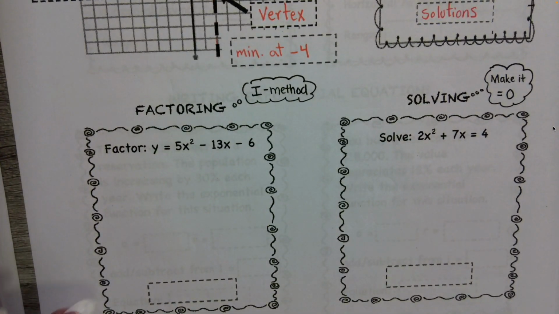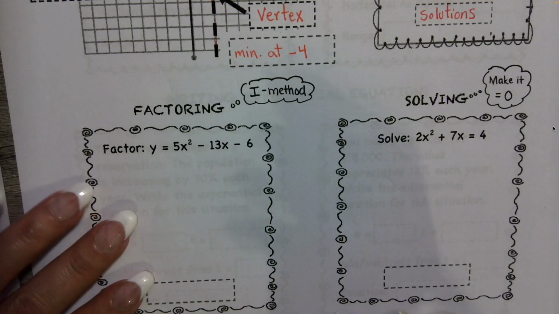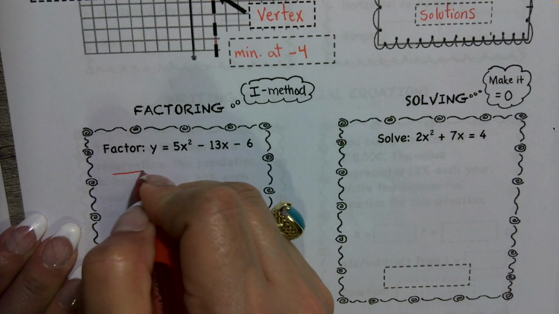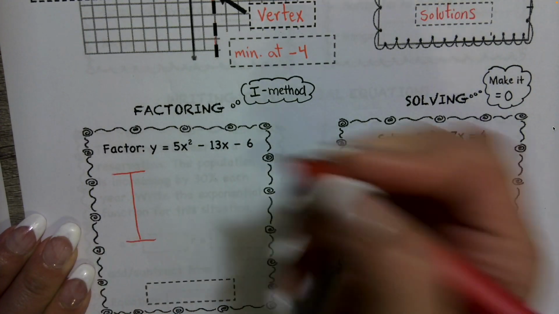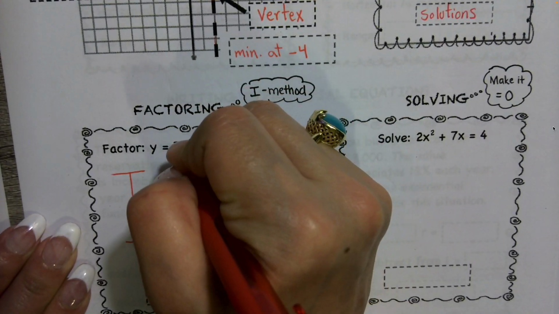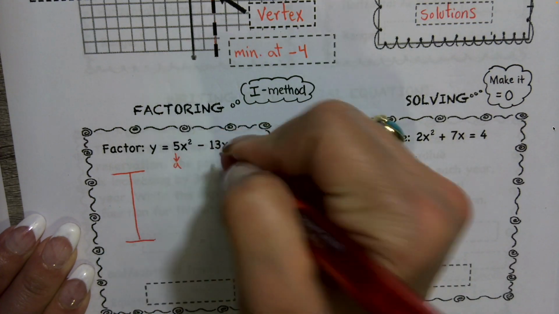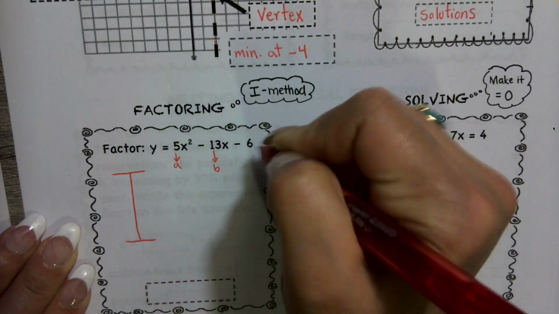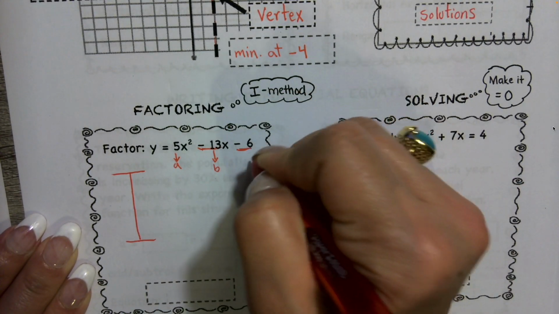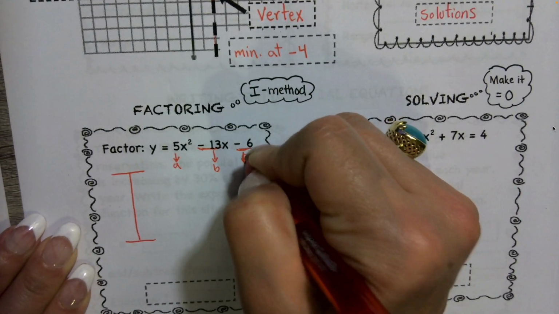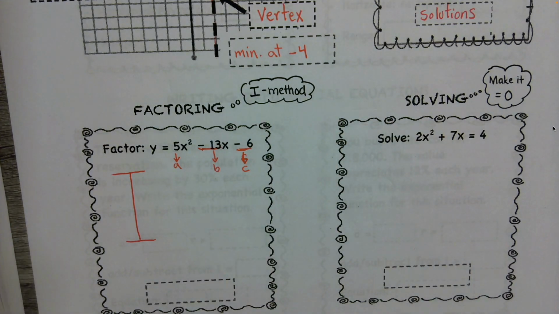Okay, so you will draw your I method. AC goes here, so we better show which one is A, which one is B, and which one is C. Oops, sorry. Right?